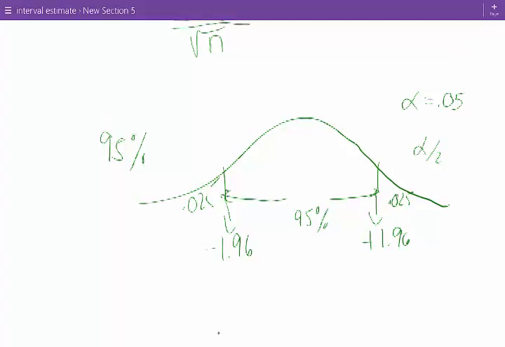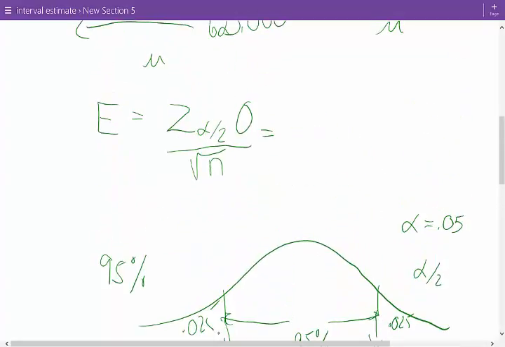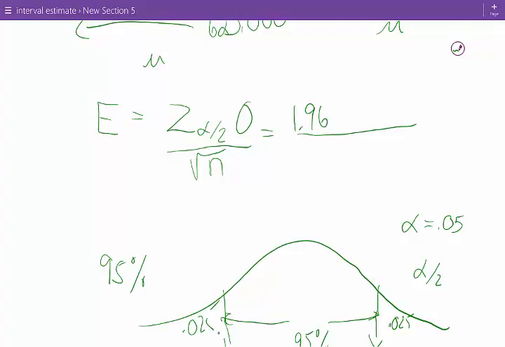If we go back up and look at our formula, we now know that our Z-score is 1.96. Don't ask, what about the negative 1.96? When we get our margin of error, we can add it to and subtract it from the sample mean. Right now, our standard deviation from the problem is 150,000.